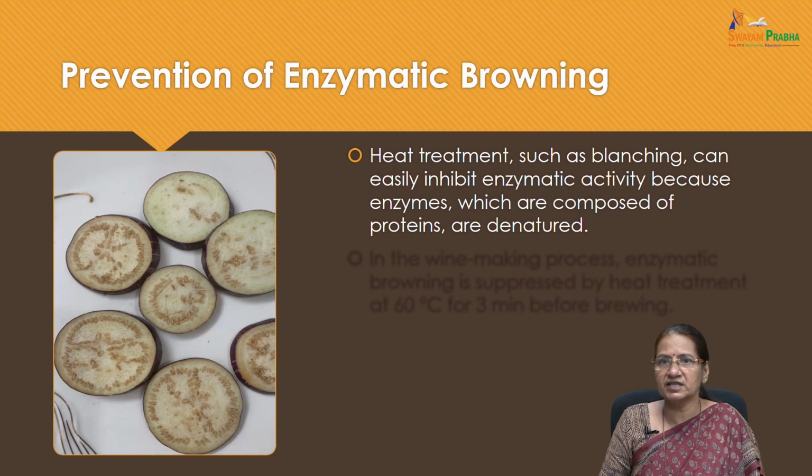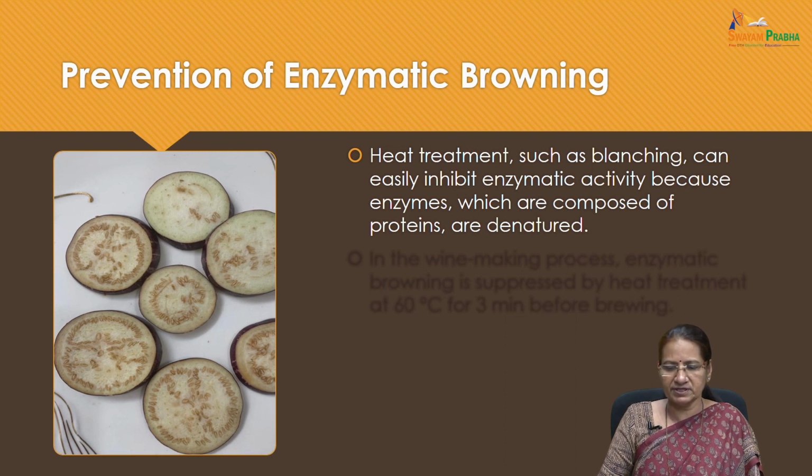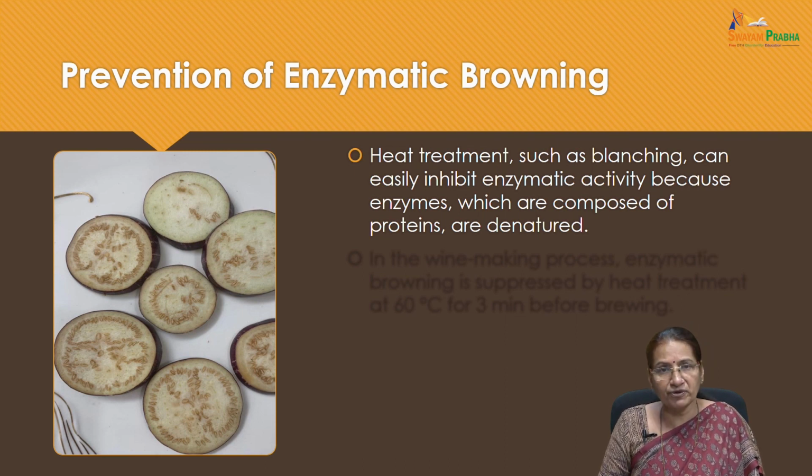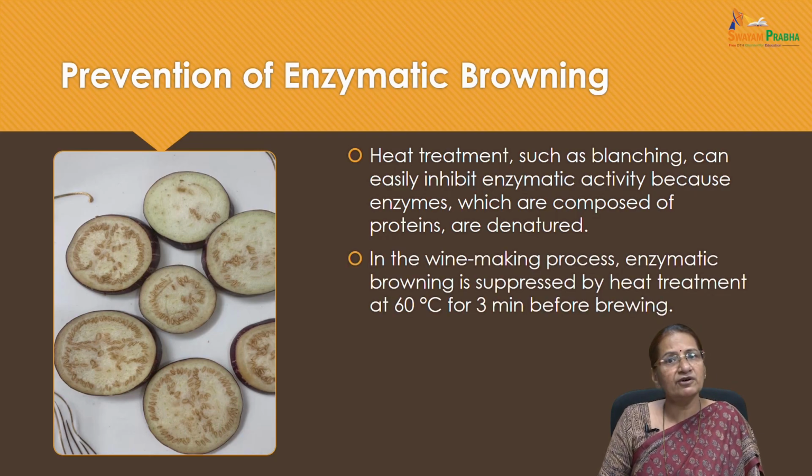Heat treatment, such as blanching, can easily inhibit enzymatic activity because enzymes which are composed of proteins are denatured. In the wine making process, enzymatic browning is suppressed by heat treatment at 60 degrees centigrade for 3 minutes before brewing.